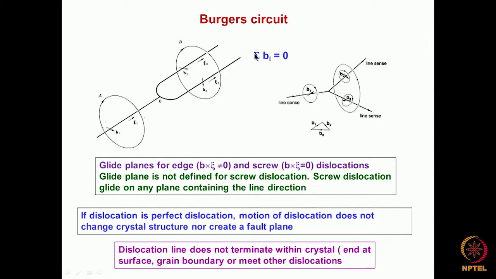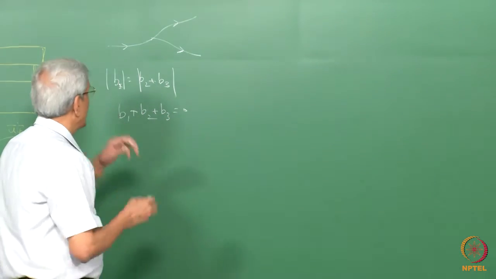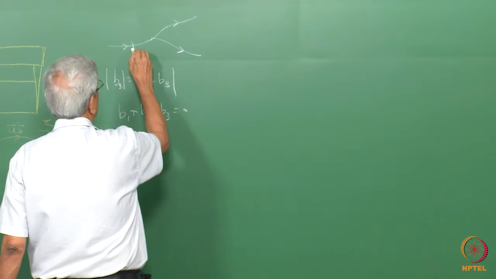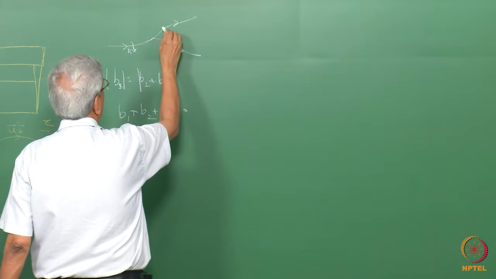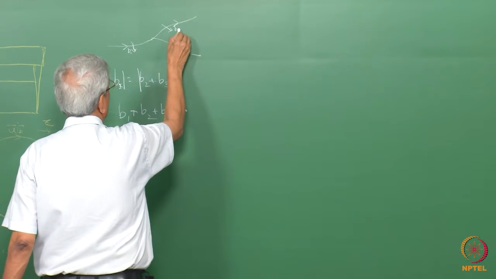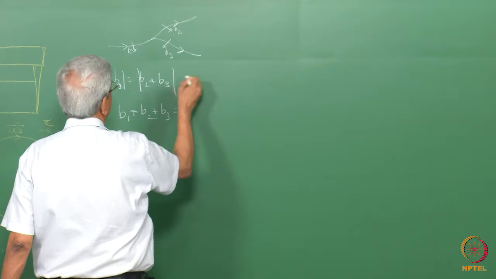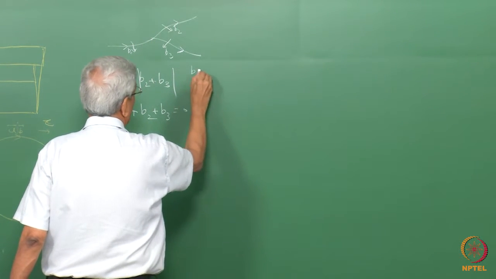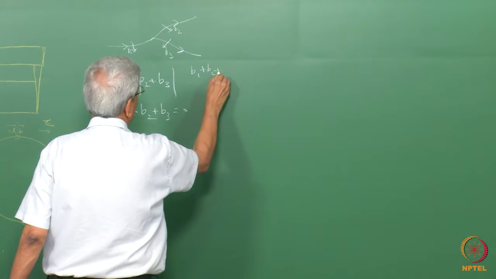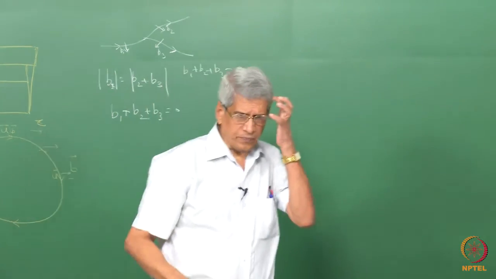If we take the sum of all these Burgers vectors, B1 plus B2 plus B3 should be equal to 0. That means if the Burgers vector is in this direction for B1, and B2 is in this direction for this dislocation, the Burgers vector B3 will be in this direction, such that at this junction B1 plus B2 plus B3 will be equal to 0.